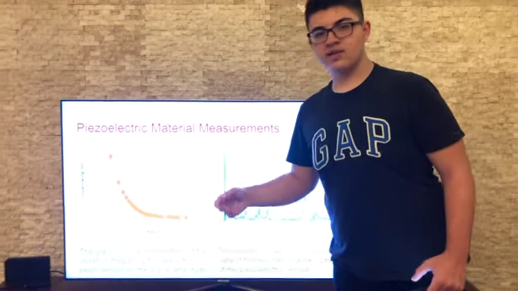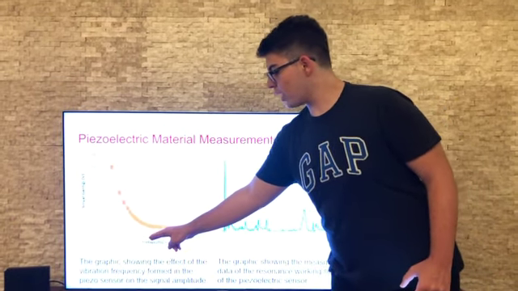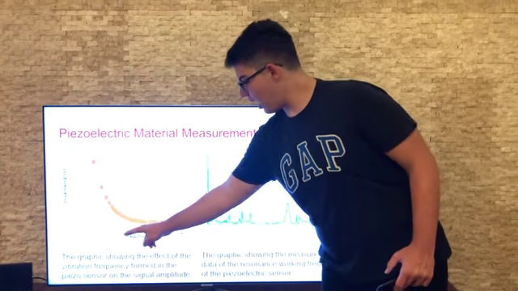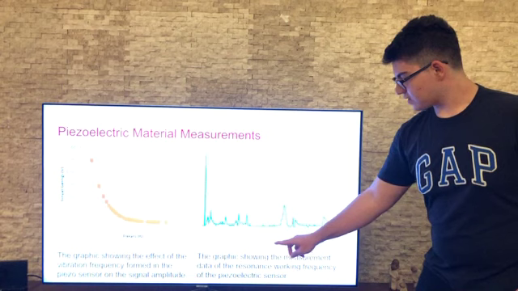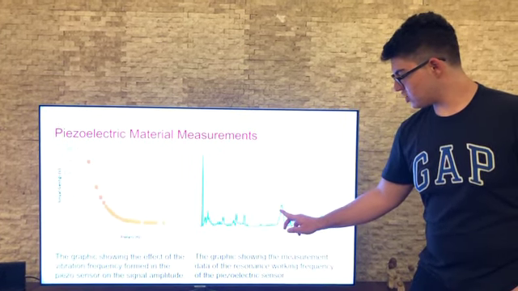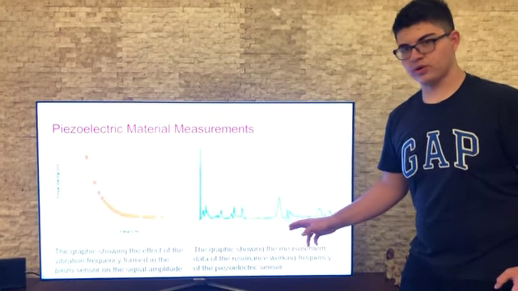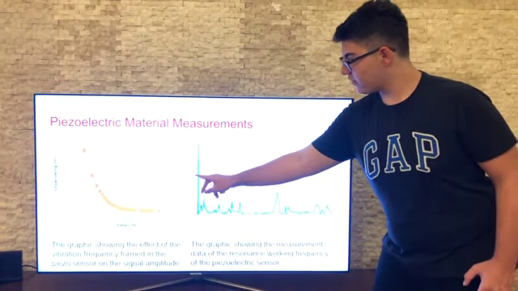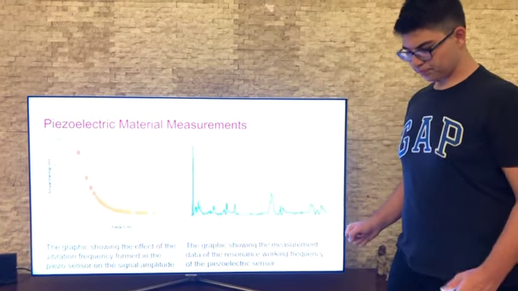But our sound card didn't measure signals lower than 20 Hz, so we had to find the optimum high frequency. And in this chart, we can see that when frequency is in the 3 kHz range, we actually see the biggest signal amplitude. And this is a relative vibration amplitude, not the direct signal amplitude.